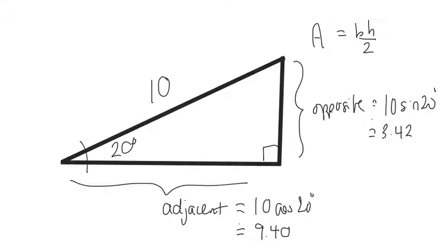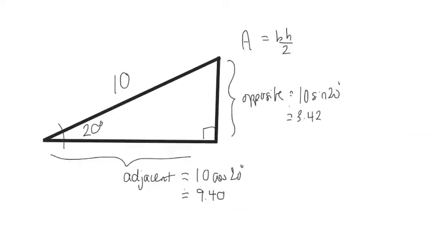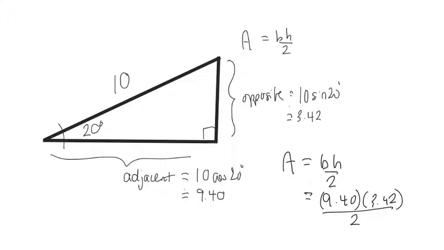Actually, first I'm going to zoom out a little bit. Now I'm going to put them into my area formula. So area is going to equal base times height divided by 2. In this case, the base is 9.40. The height is 3.42. And don't forget that you have to divide that by 2.